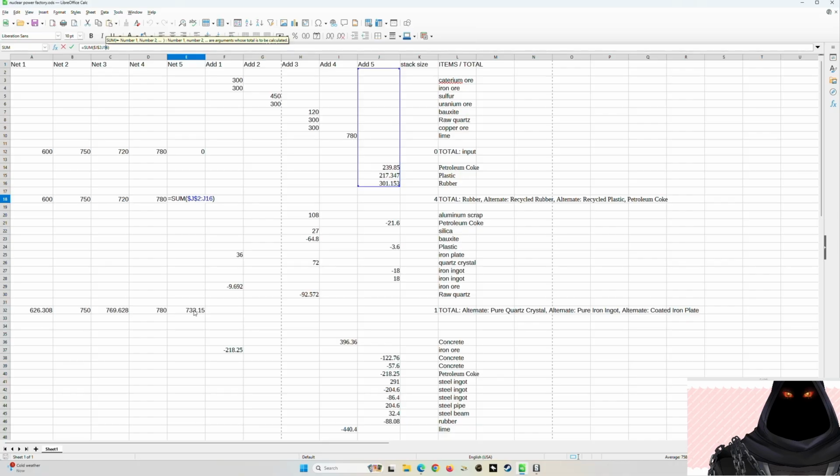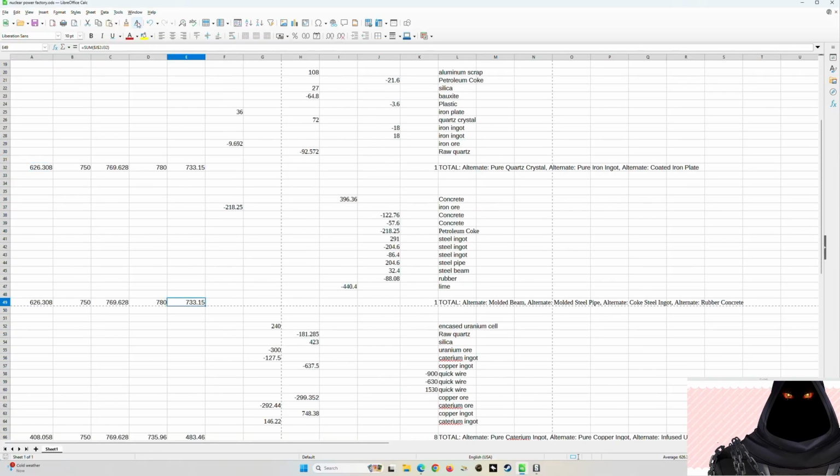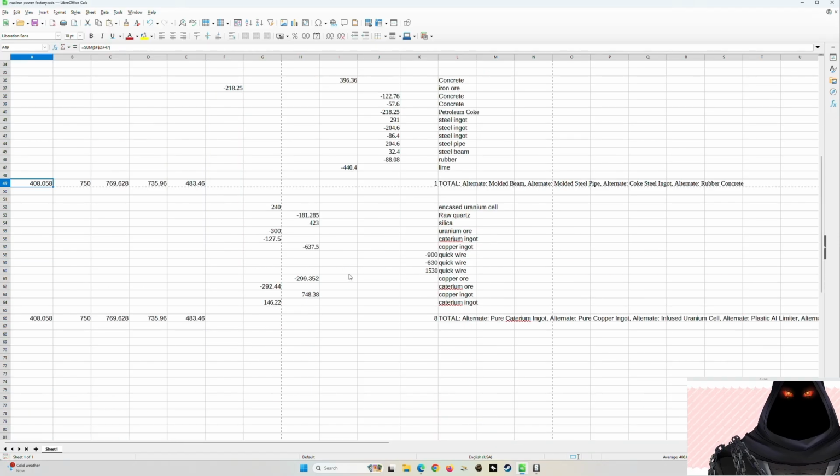For some reason this is not auto-adjusting. Okay, so that looks good.